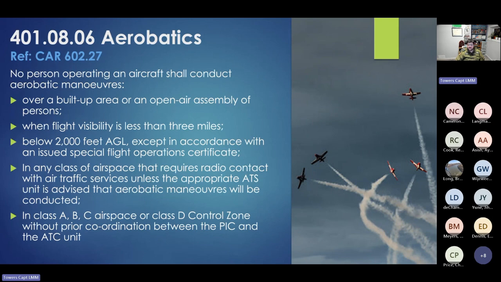Nor in any class of airspace that requires radio contact with air traffic services, unless the appropriate air traffic service unit is advised that aerobatic maneuvers will be conducted. And in Class A, B, C, or D airspace or a Class D control zone without prior coordination between the pilot in command and the ATC unit.